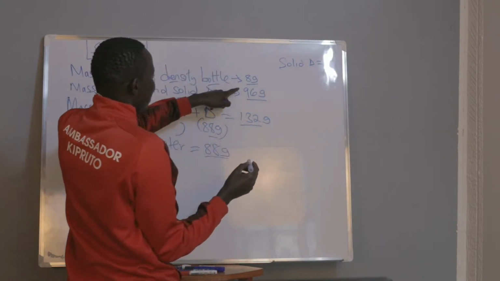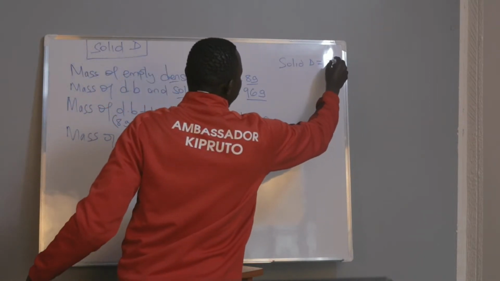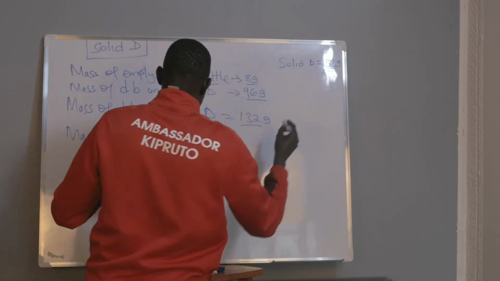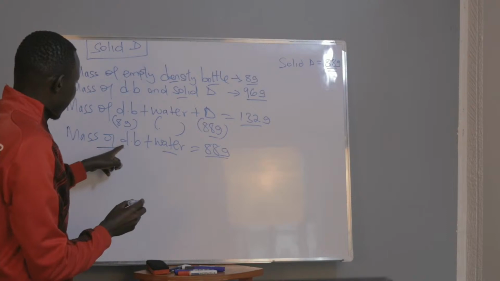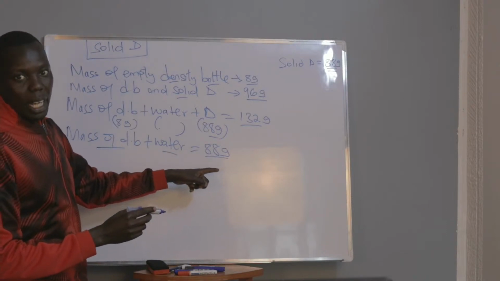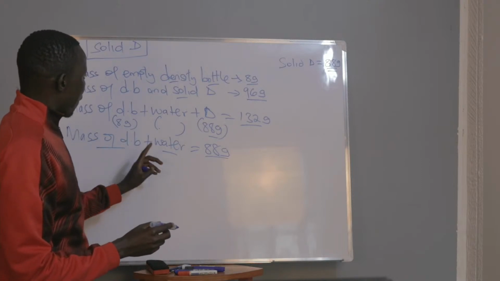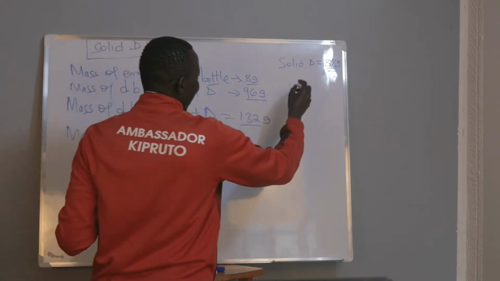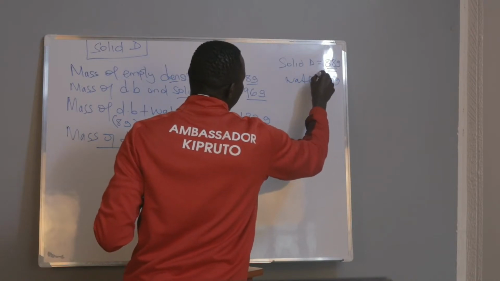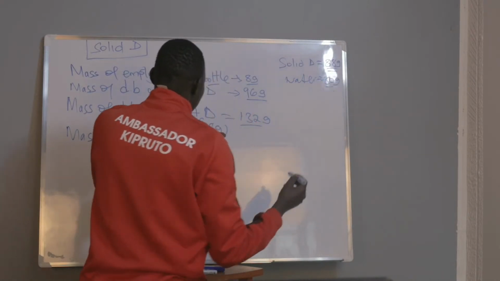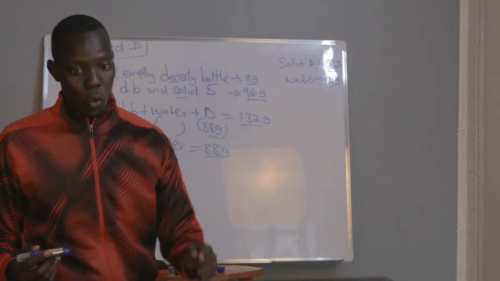Ukitaka mass of solid D, unasema 96 minus 8, unapata 88 grams. Now, ukitaka the mass of water, kumbuka umeambiwa mass of this bottle plus water ni 88 grams. 88 minus 8, unapata 80 grams. This is the mass for water. Kuna mahali tu imechanganya kidogo, lakini usijali. I think I did not correct the question very well, but no problem.